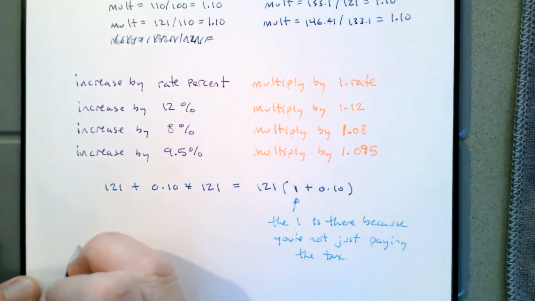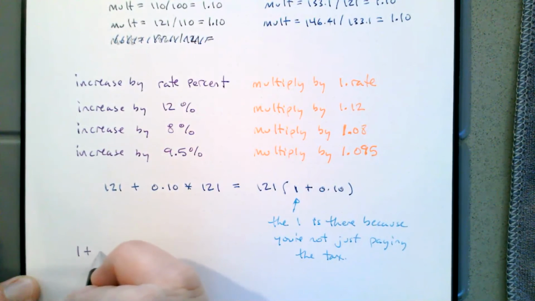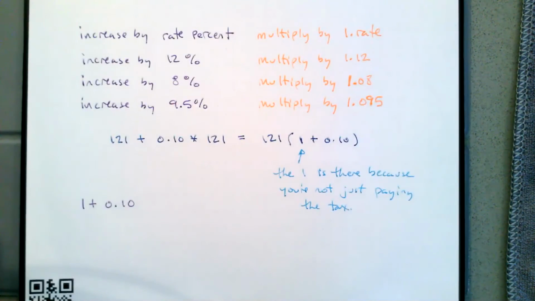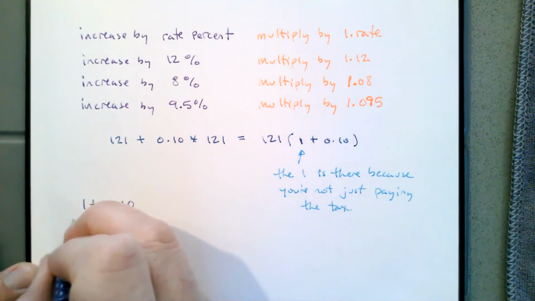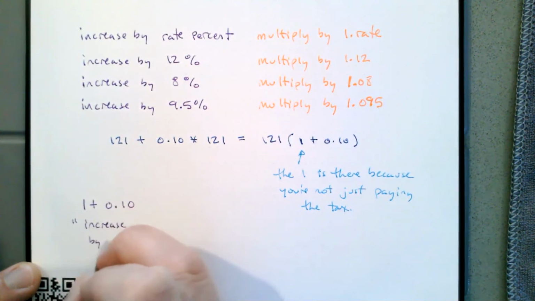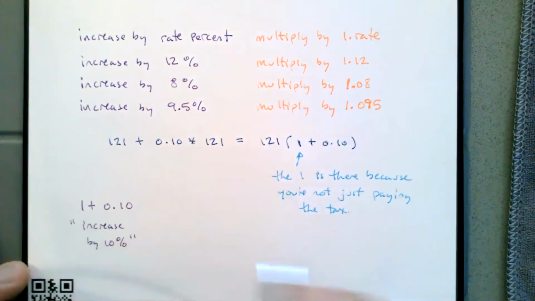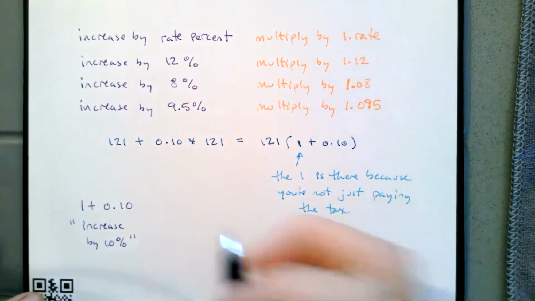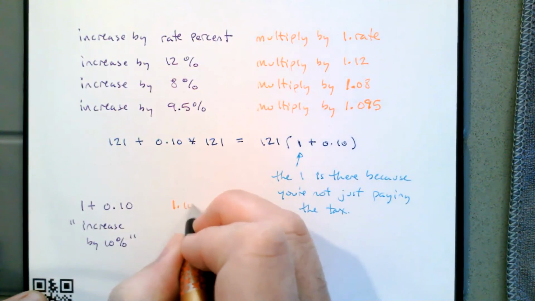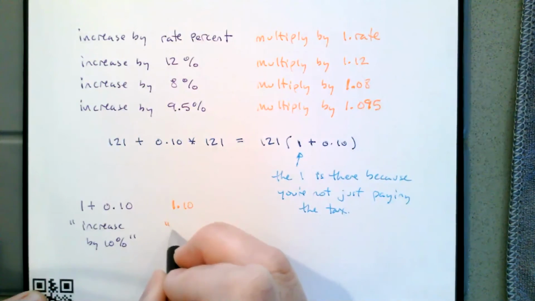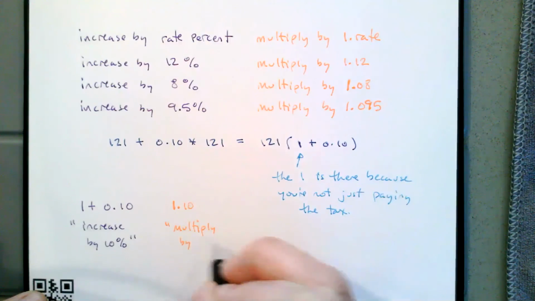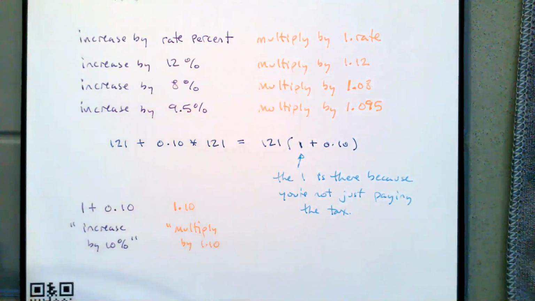So I have 1 plus 0.1. This is how we would write increase by 10%. And this is equal to 1.10, which is multiply by 1.10.